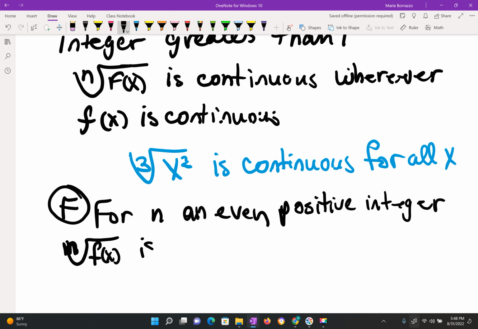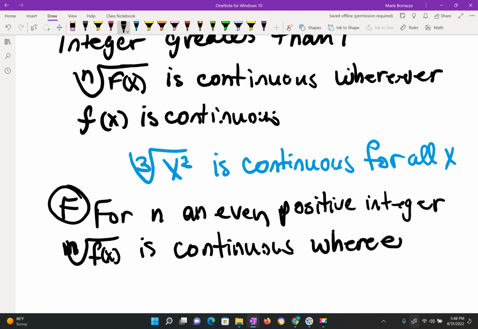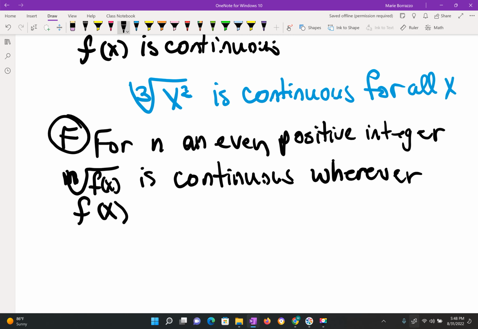We say that this is continuous wherever f of x is continuous and non-negative.